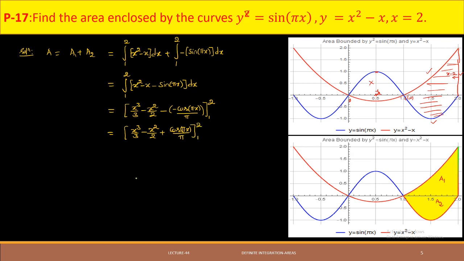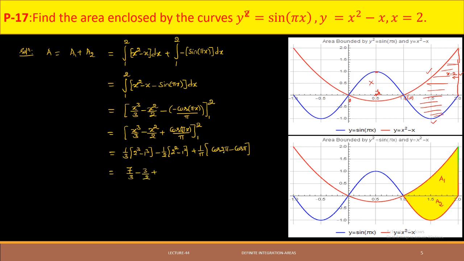So let me substitute the limits. The first one is 1 by 3 into 2 cube minus 1 cube, minus 1 by 2 into 2 square minus 1 square, plus 1 by pi into cos 2 pi minus cos pi. Now 2 cube minus 1 is 7, so this is 7 by 3. 2 square is 4, minus 1 is 3, so 3 by 2.